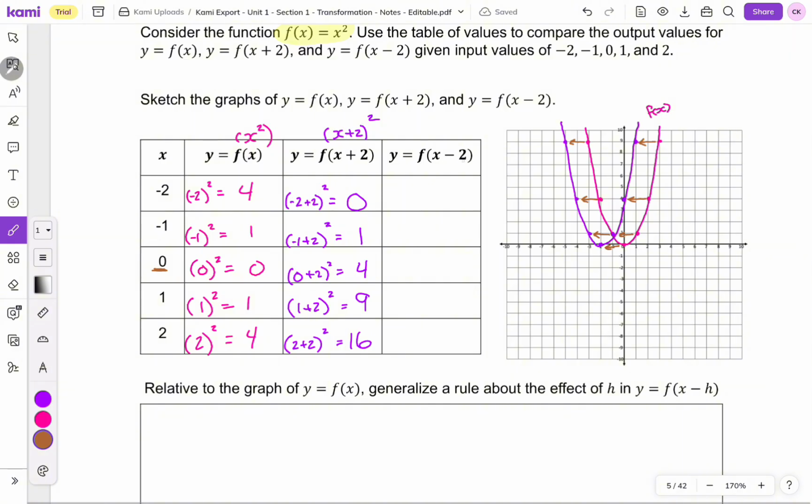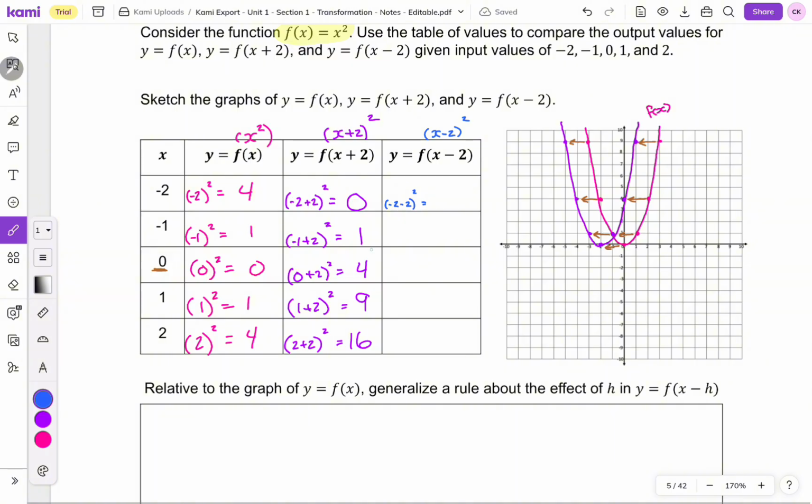So now we're going to do the same thing with f of x minus 2. And we're going to see what happens with this one. Again, this just means we're going x minus 2 squared. So this is, of course, going to be negative 2 minus 2 squared.